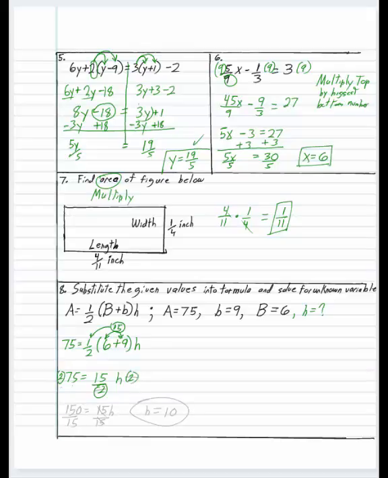On the left side, 2 times 75 is 150. Now on the right side, the 2's cross off, leaving 15h. Finally, the last step is to divide by 15. This gives us h alone. It means h is equal to 10.